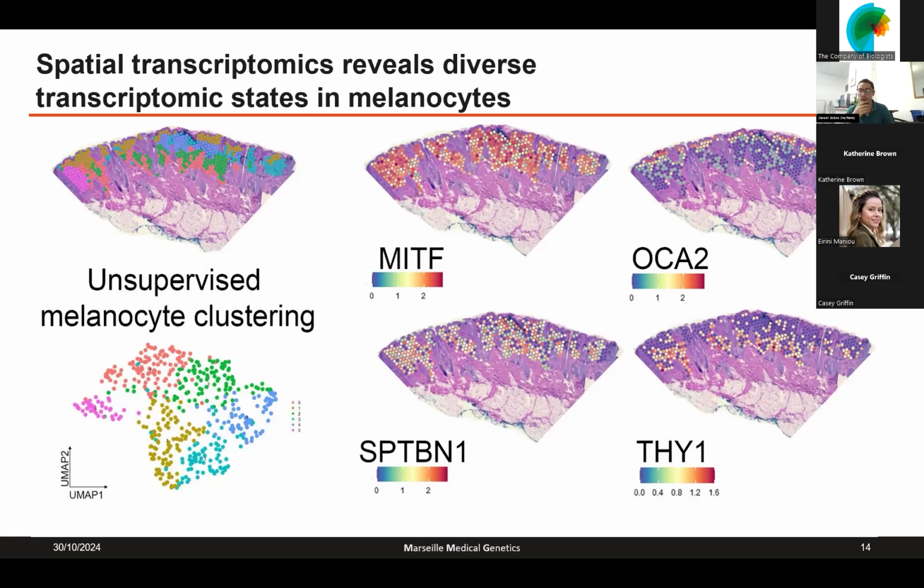Another example, TYRP1, is a gene expressed much in the deep layer of the dermis, but not in the other part. This is a work in progress, something we are continuing in the lab.